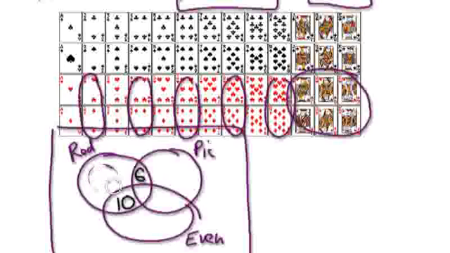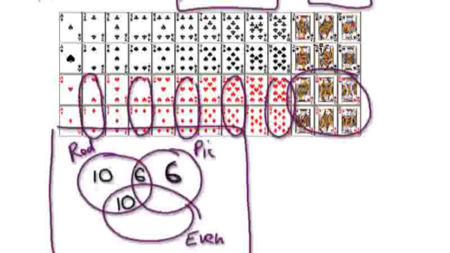Then we've got 10 remaining, 10 remainder that are odd. Let's look at the picture cards here. We've got 12 picture cards, but 6 are red. So that means we've got 6 remaining, 6 black picture cards.